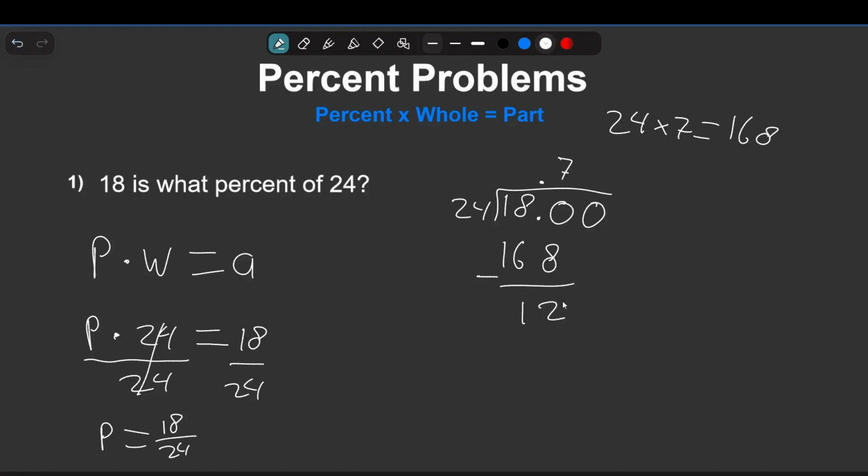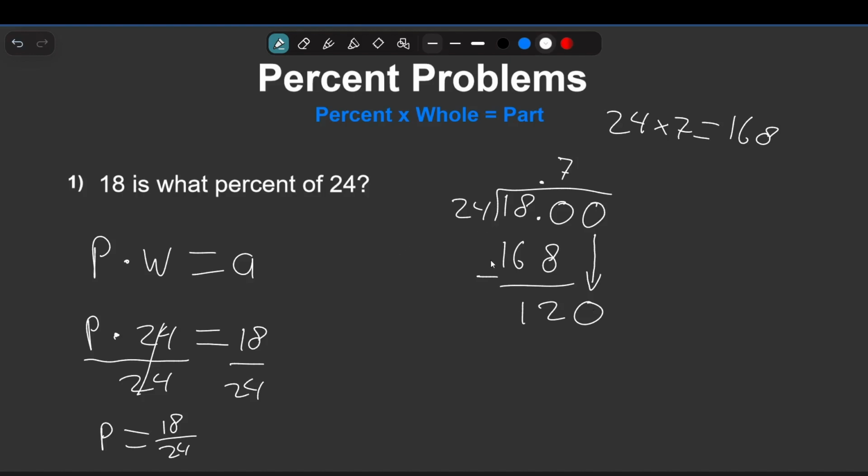Now, as you can see, I already put the next 0 here because we haven't gotten to a clean-cut 0. This is very nice because now we can just pull this 0 straight down and we will get 120. And now we just repeat the process once again and we will get to our final answer. So how many times does 24 fit into 120?